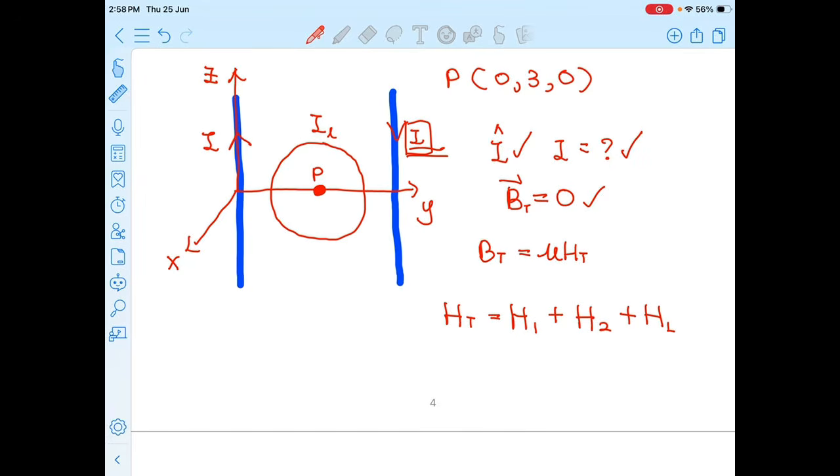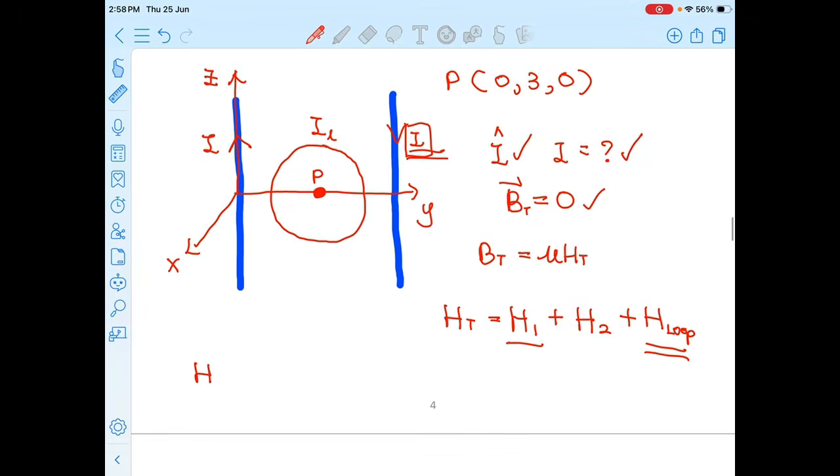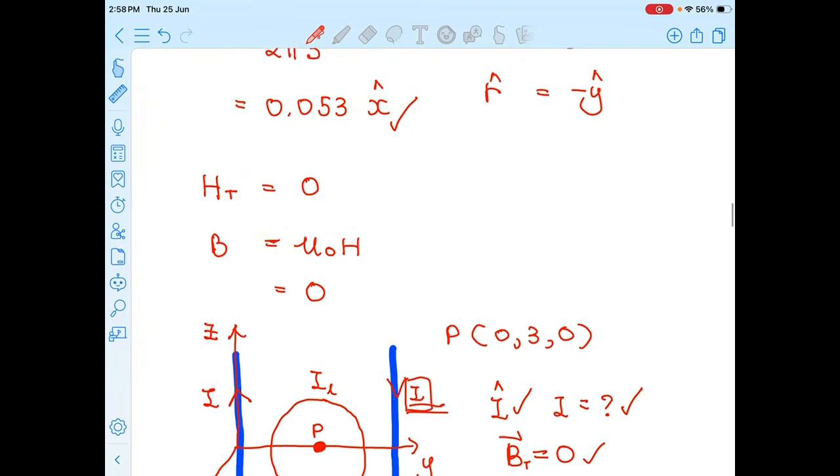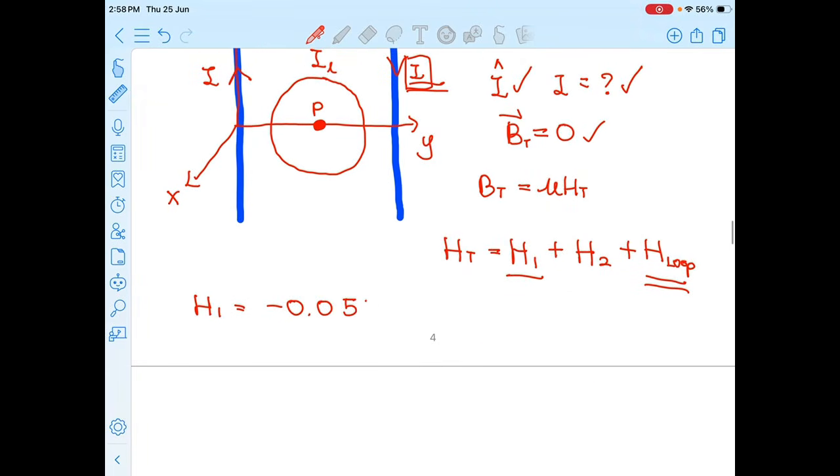This one refers to the magnetic field at the position P that is due to the current flowing in the loop. We have got the value of our H1 just now, which is negative 0.053x.